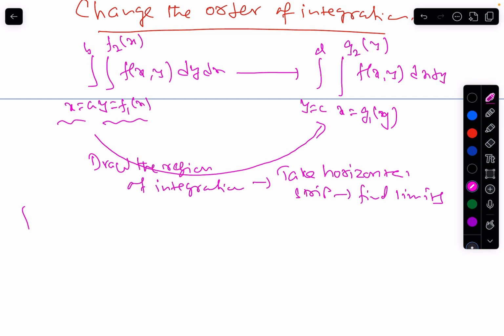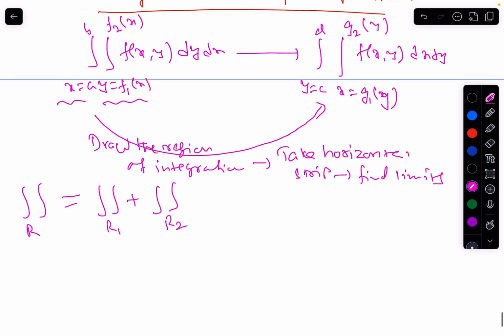Sometimes it may happen that on one side you have it like this, but on the other side that region is subdivided into two parts. So we have a region like this one. So we need to take this kind of integration when we change the order of integration.